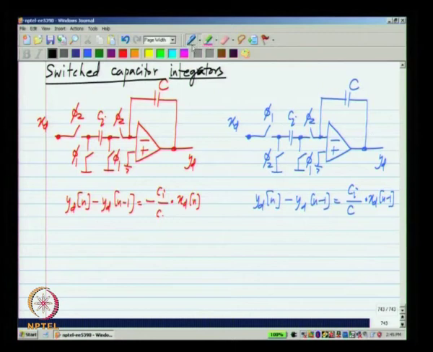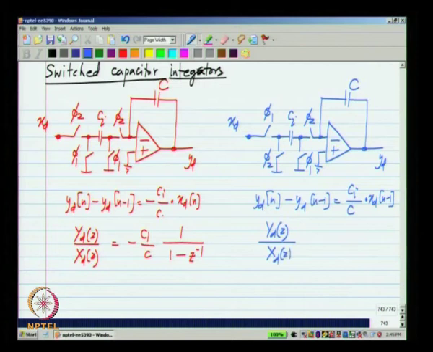Okay. If you write down the transfer function of this, you will get Yd by Xd equals minus Ci by C times one by 1 minus Z inverse, and similarly for the other one you will get Yd by Xd equals plus Ci by C times Z inverse by 1 minus Z inverse.